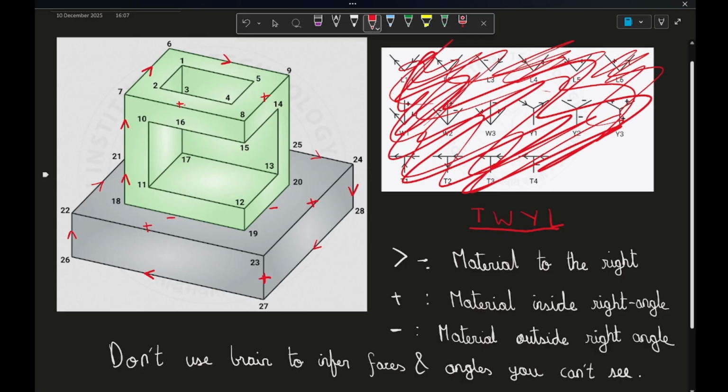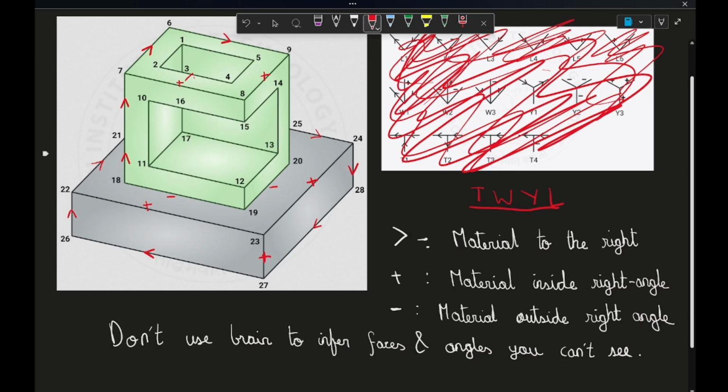So this is a positive edge, this is a positive edge. What is this? This is a right edge, right? Because sure, I can again infer an angle like that, but I don't see that angle. So this is a right edge. Am I correct? Similarly, this is a right edge.